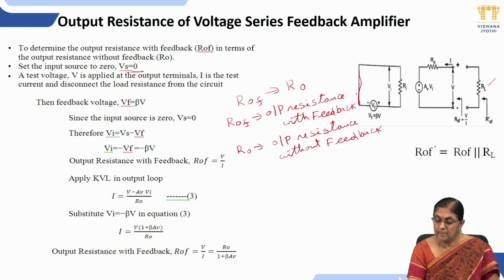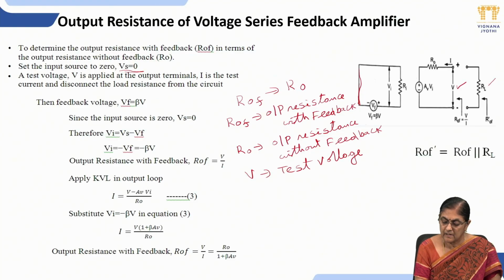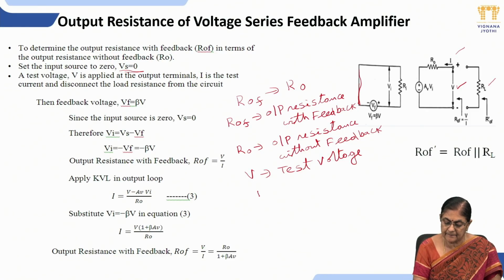Okay. So after disconnecting the load resistance from the output terminals, apply test voltage. V is the test voltage. Apply the test voltage V between the output terminals, and current flowing through the output terminals is I. I is the test current.